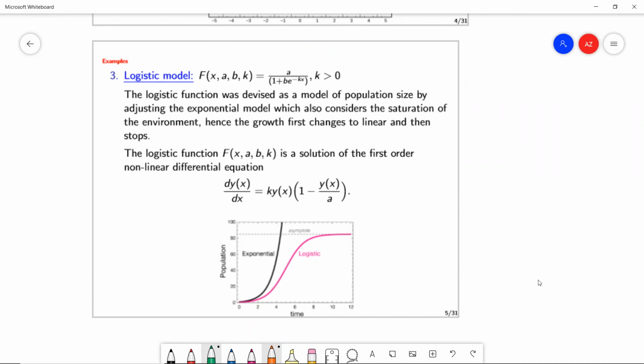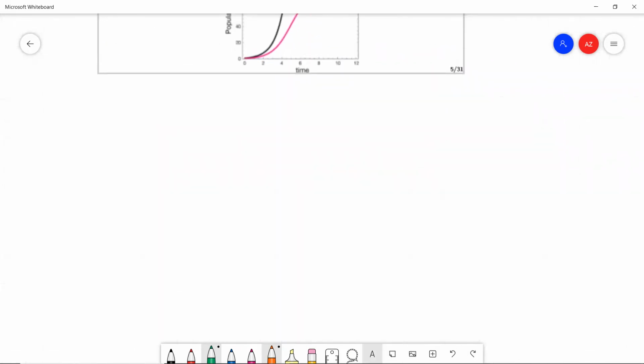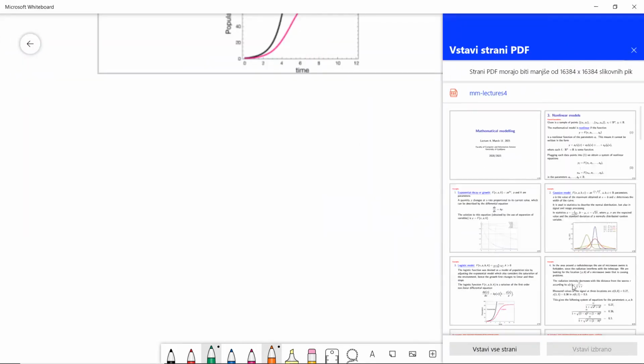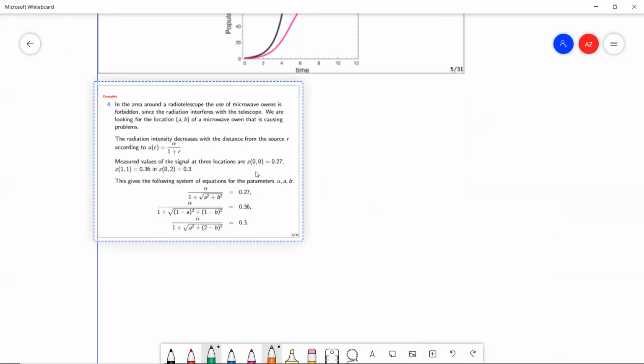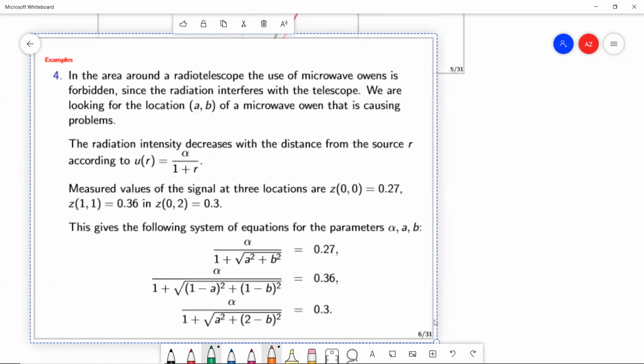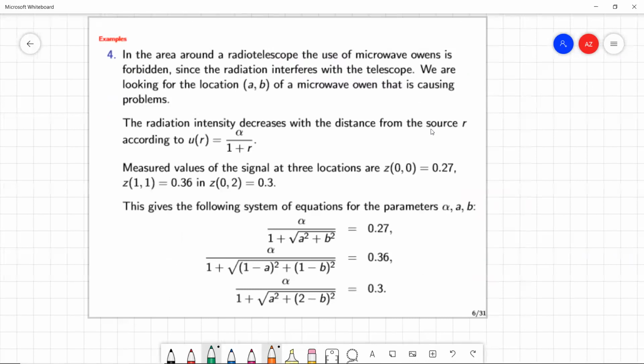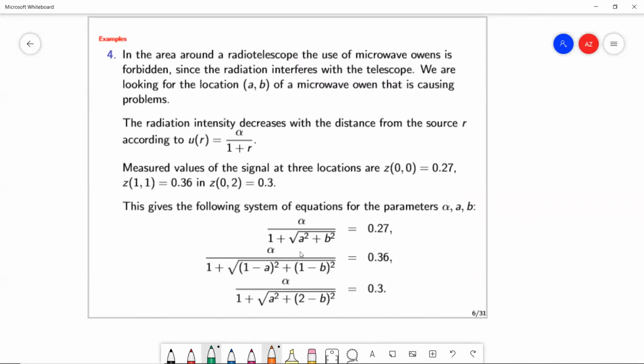But of course, there could be also other examples which are very specific. Let's look at one of them. So this is a very specific example.